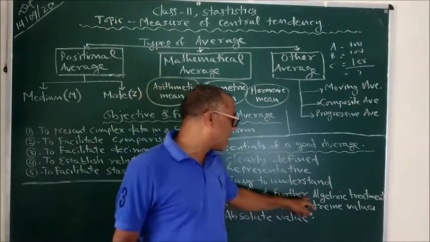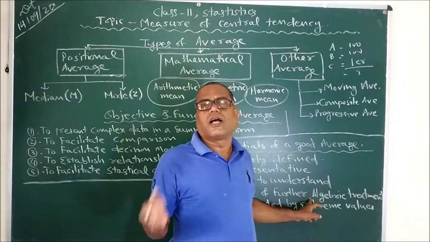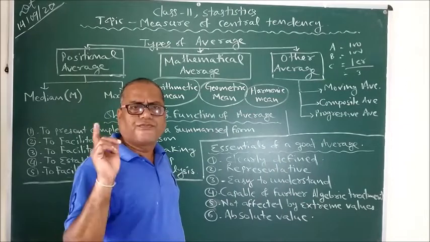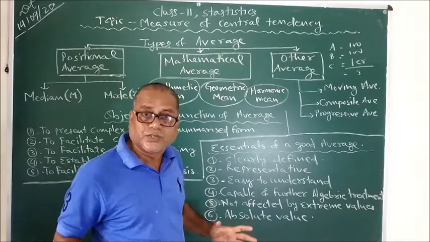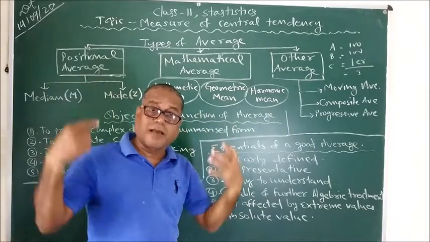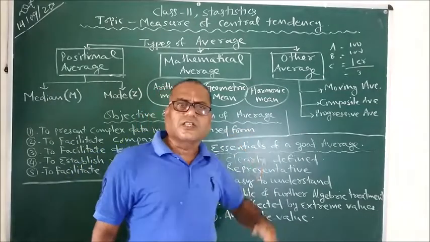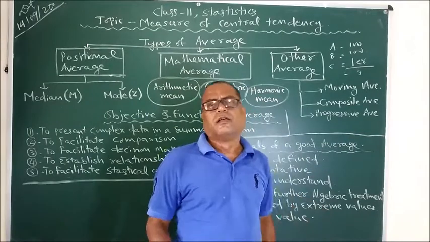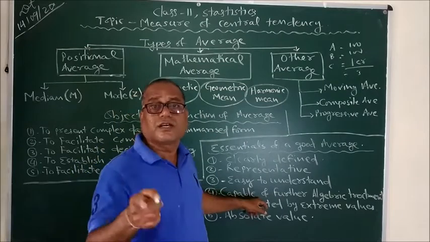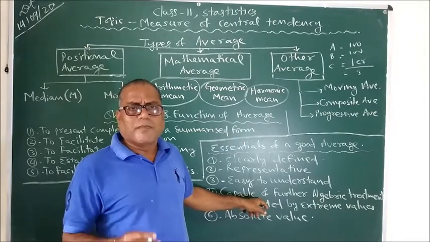Then capable of further algebraic treatment. This is also called the mathematical properties of an average. Once we calculate the average, if we can use the same value, the same representative value, for any other statistical inquiry, then we can say that it has a mathematical property or it is capable of further algebraic treatment, like mean, and to some extent median.